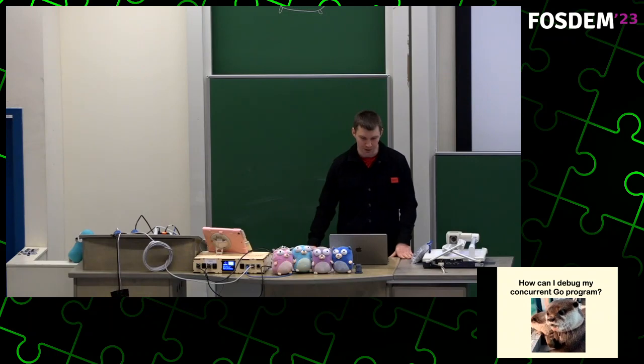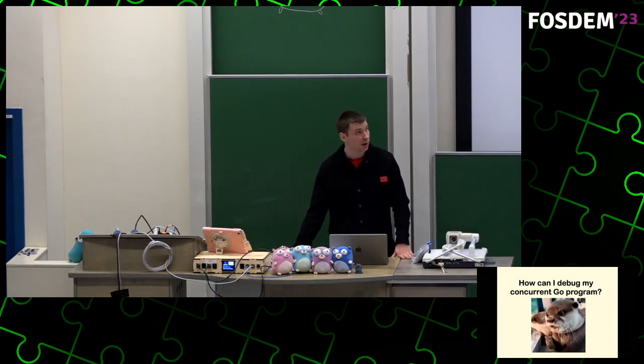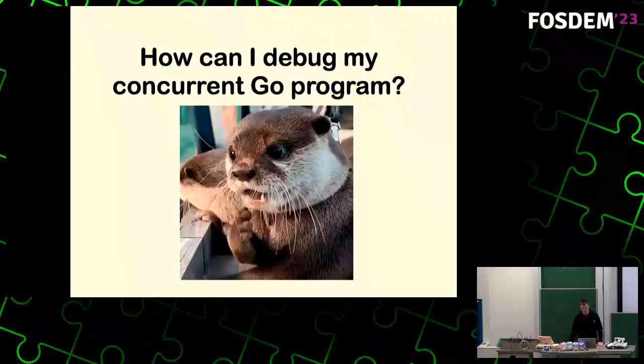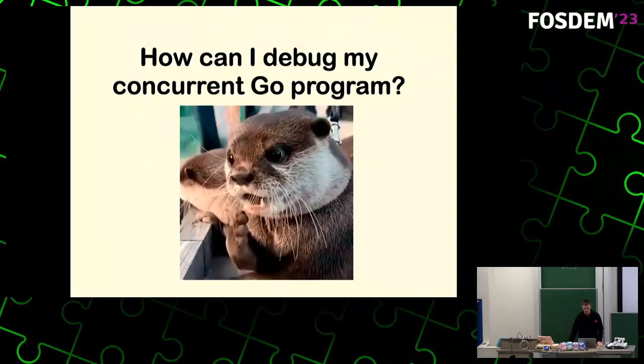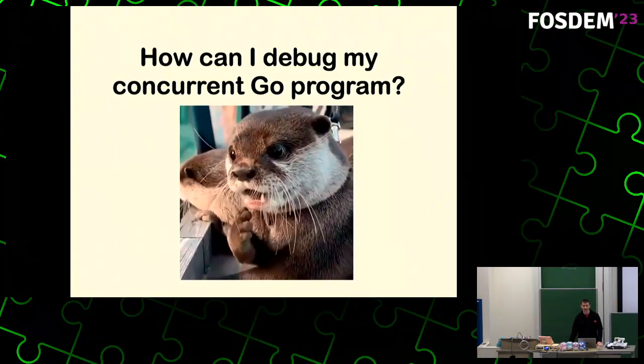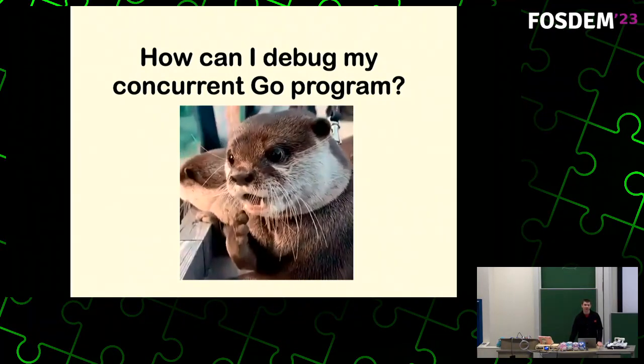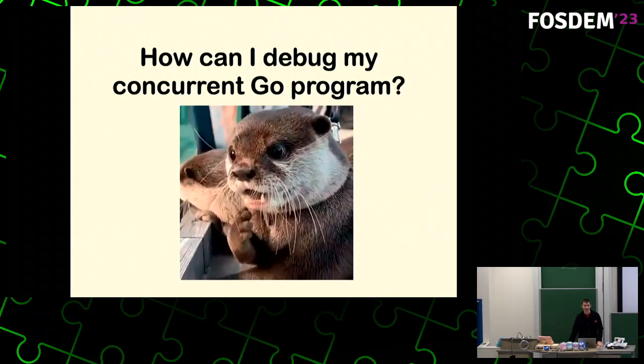So let's repeat. How can I debug my concurrent program? The gentleman suggested using prints. Nice. Delve. Yes, nice. It's also a debugger, by the way. Okay, any other ideas? Okay, yes.